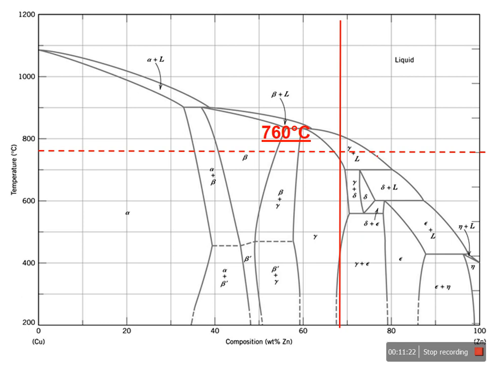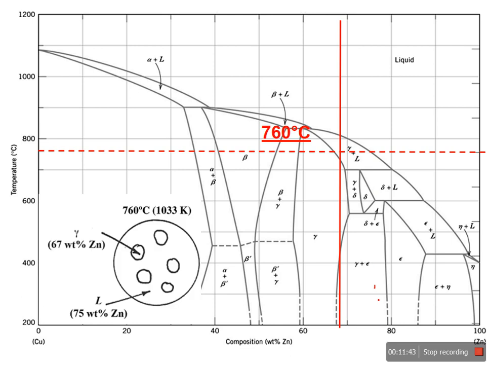So the gamma is approximately, we follow this tie line to this region here, we move down, down, down, approximately maybe 67 weight % zinc and the balance copper, whereas the liquid is approximately 78 weight % zinc and the balance copper. So my estimates are a little bit off. So we have solid inside here, we have liquid around the outside, in equilibrium.